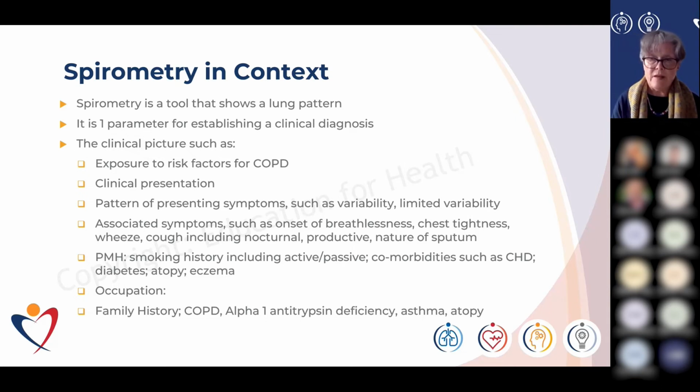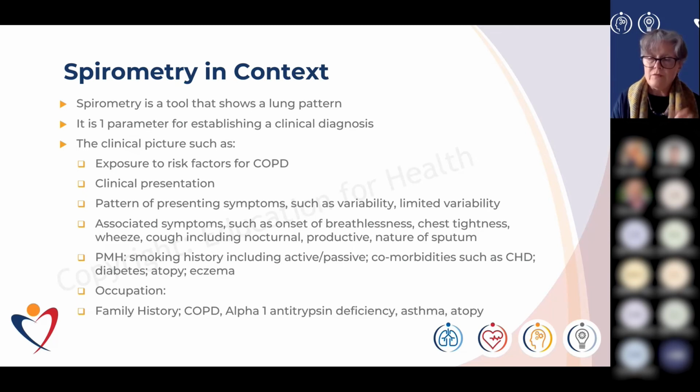We know that there is a family history often with patients with COPD, and we want to look and see if there's this expression of alpha-1 antitrypsin deficiency. So alpha-1 antitrypsin is that protective enzyme in the airways, and if the familial disease of alpha-1 antitrypsin, patients will present with COPD type symptoms at a very early age, sometimes in their early 20s, and there will be that pattern within the family as well.